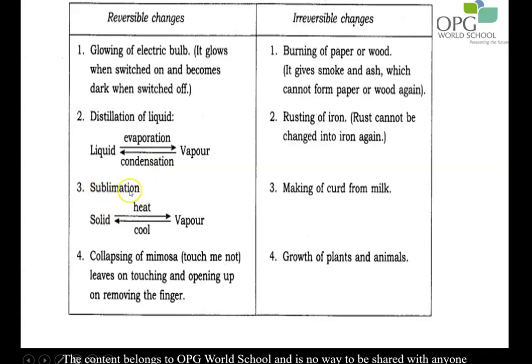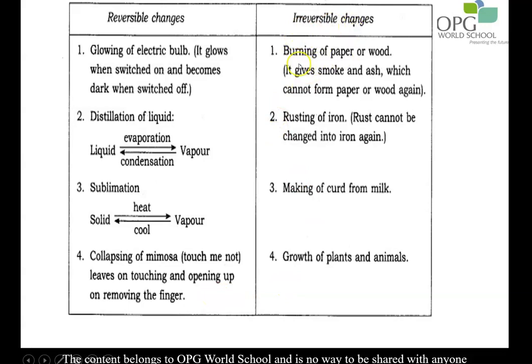Similarly, sublimation is a process of directly converting solid to vapor, and we can again get the solid back on cooling. You must have heard of a touch-me-not plant. If you touch the leaves of mimosa plant, they will close on their own, but will reopen it when we remove the finger.